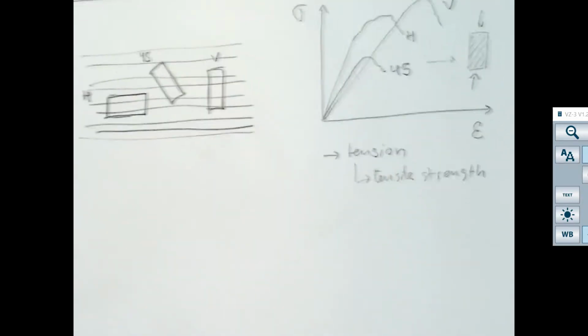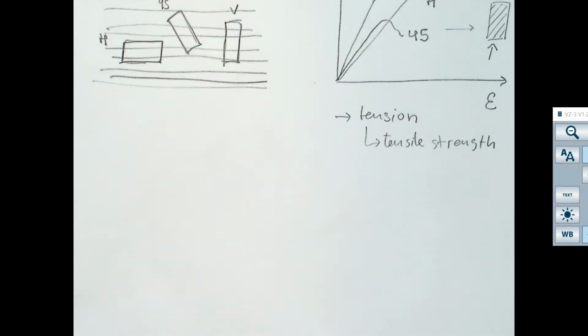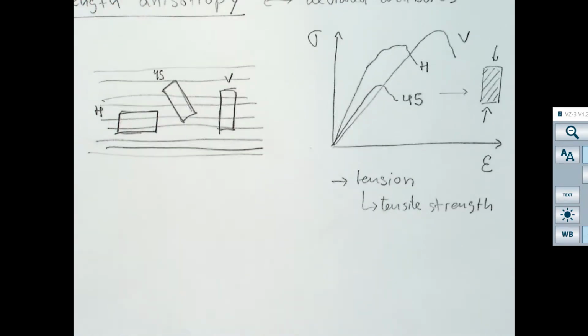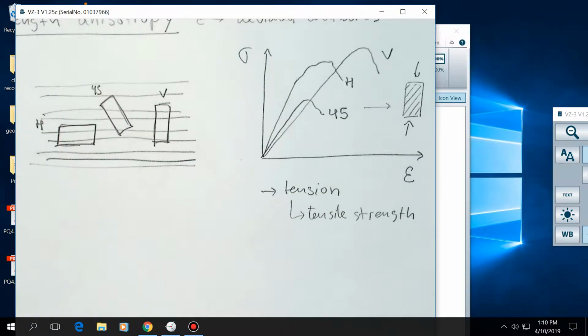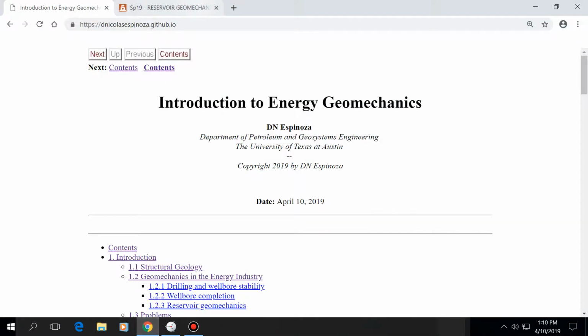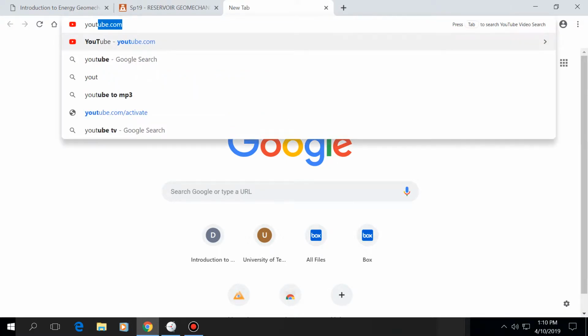And the response is going to be different. So I have some images to share with you that probably are going to illustrate this concept a little bit more. And let's see if I find it quickly.